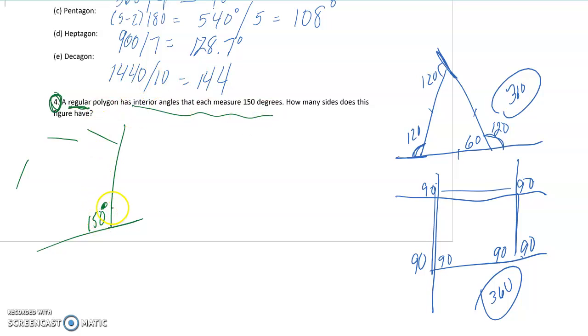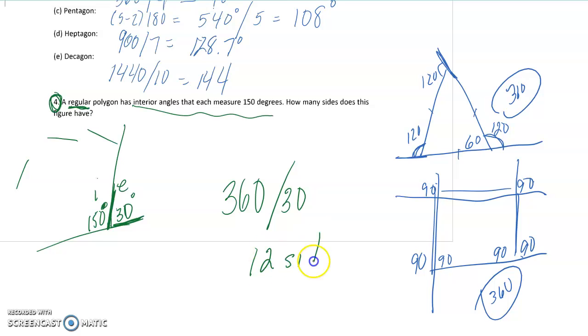But if the interior is 150, I know the exterior has to be 30. Well, if I know the exterior is 30 and I know that every polygon's is 360, if I take 360 and divide it by 30, then I know it has 12 sides. Okay? Does that make sense?